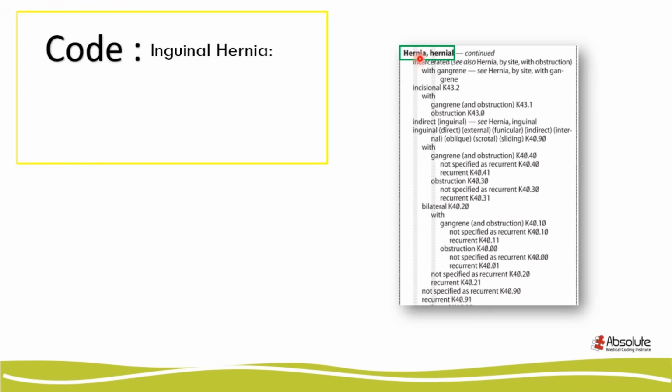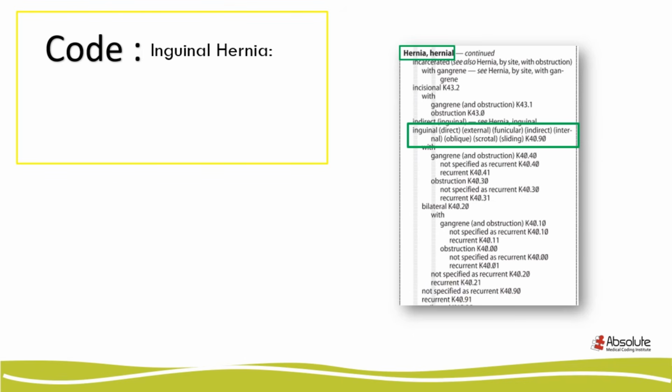And that's why we have these little gray guiders. And boom, here it is, inguinal. So hernia is your main term, inguinal is your subterm, and look at your code. K40.90.